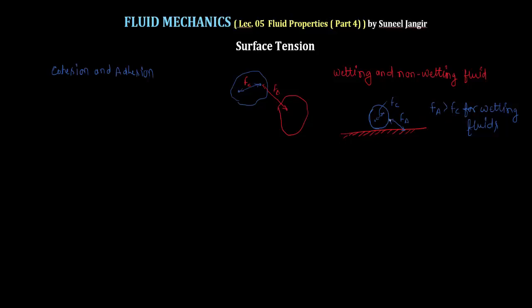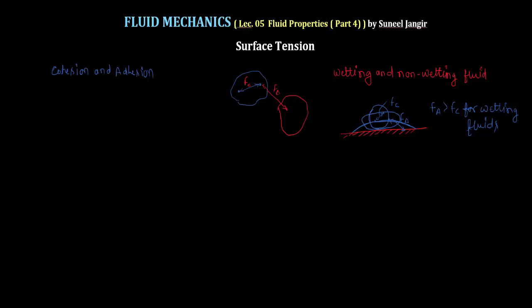That's why, as this attraction force is larger than this one, the fluid will spread over the solid surface, slowly taking a shape like this, and after some time it will look like this. That is termed a wetting fluid.